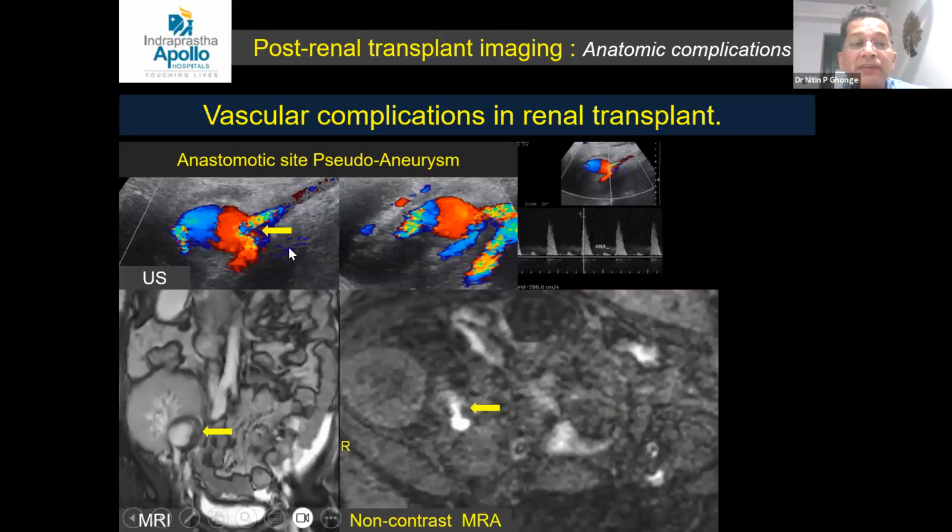This is another example, another anastomotic site aneurysm which was diagnosed on ultrasound Doppler, and as we could not give the positive CT contrast, this is non-contrast MR angiography which was done, which shows peripheral thrombosis in the aneurysm, and we can see the neck of the aneurysm, which is a narrow neck aneurysm at the anastomotic site because of the formation of pseudoaneurysm, seen without need for any IV contrast with the help of non-contrast MR angiography.